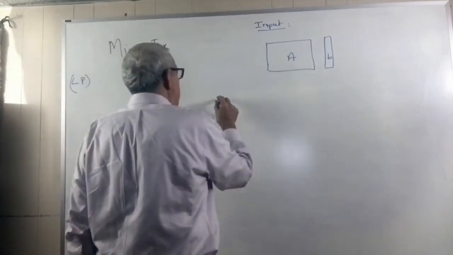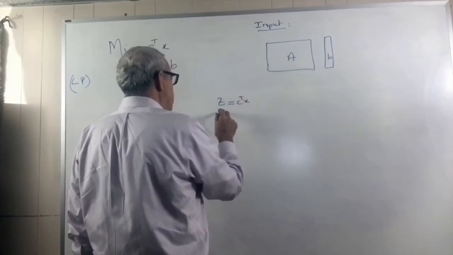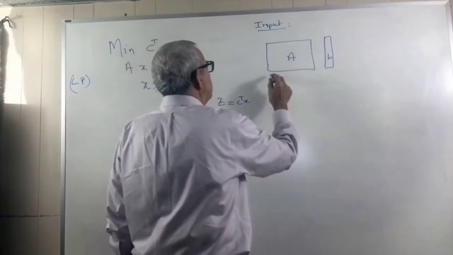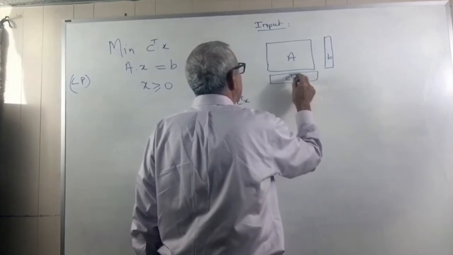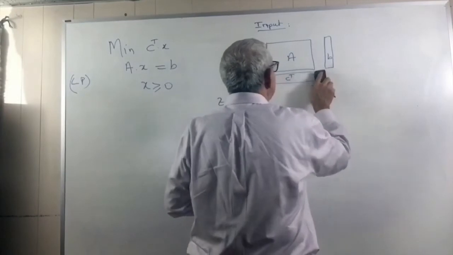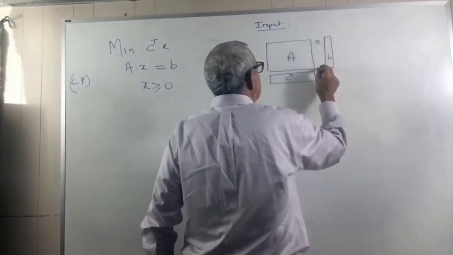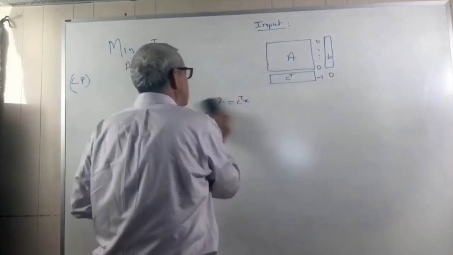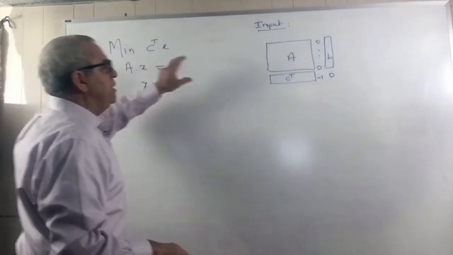That is, I'm going to write Z = C transpose X, or C transpose X minus Z equal to 0. So I'm going to add this at the bottom. And then this is the column corresponding to Z: minus 1 and 0. So I wrote this linear program in a tableau format.